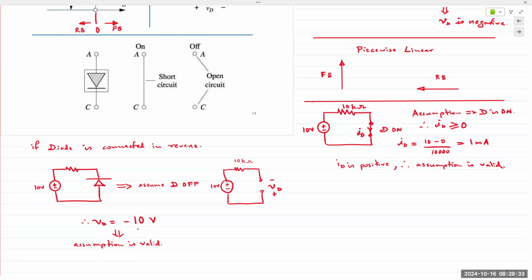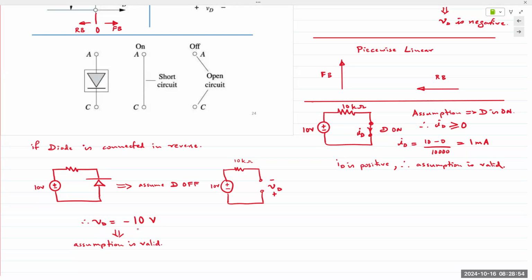Let's take a pause, then I'll recap. Make sense? Technique. So again, ideal diode model. Make an assumption at the beginning of the state of the diode, either on or off. If it's on, then current must be positive. If it's off, then voltage must be negative.